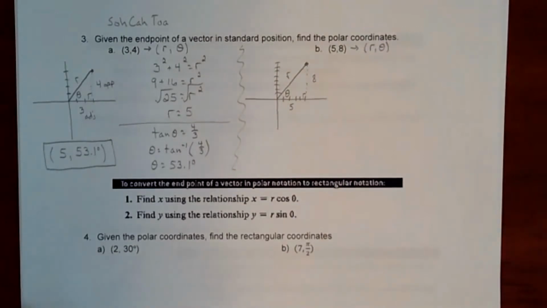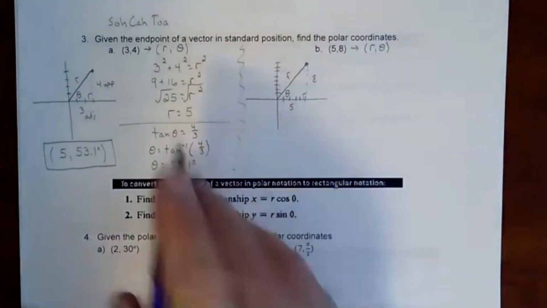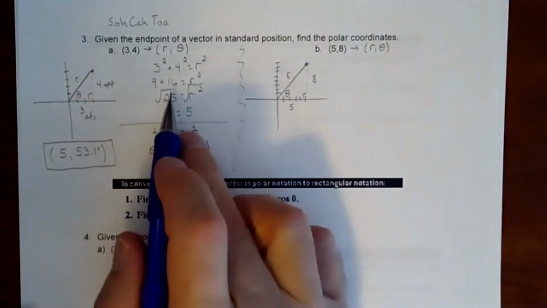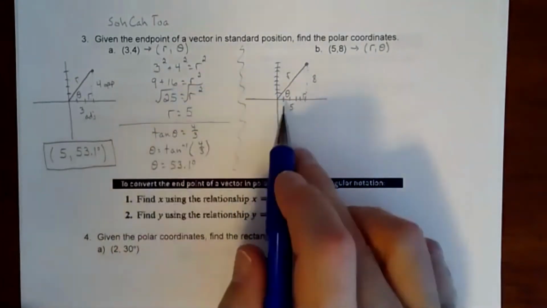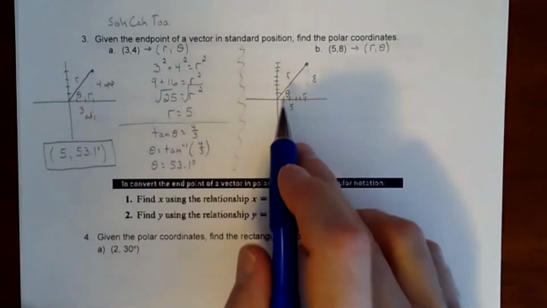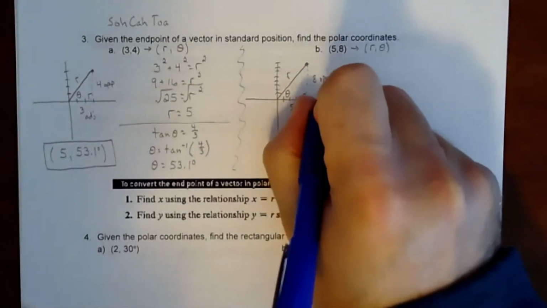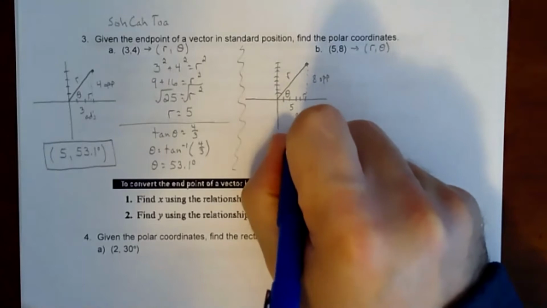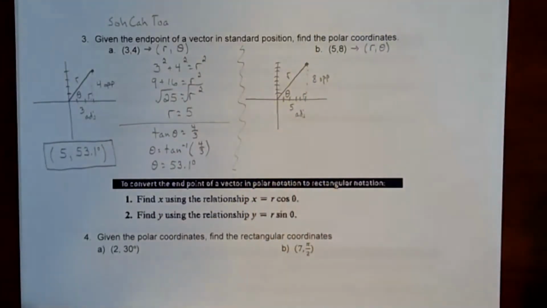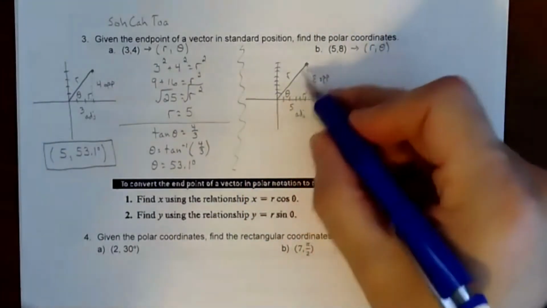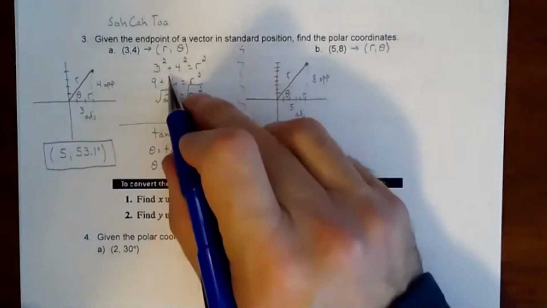Okay, so really, it's the same process every time, because every time you're given a coordinate, you're always given an opposite and an adjacent. And so every single time, if you want to figure out that distance out, you're doing Pythagorean theorem.